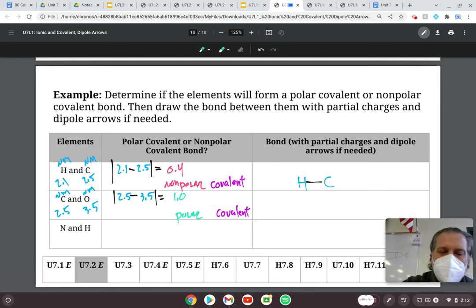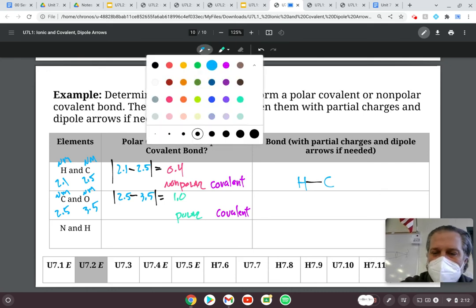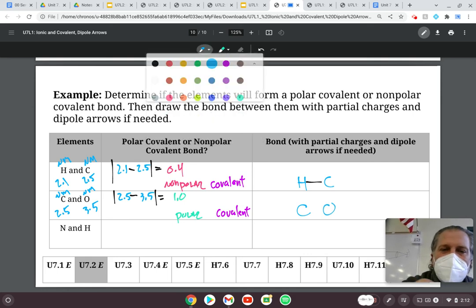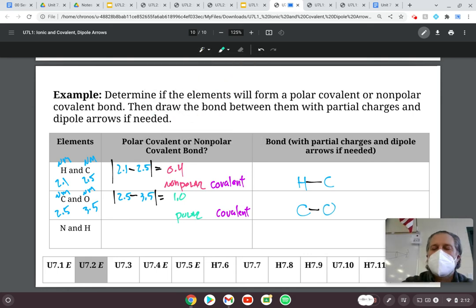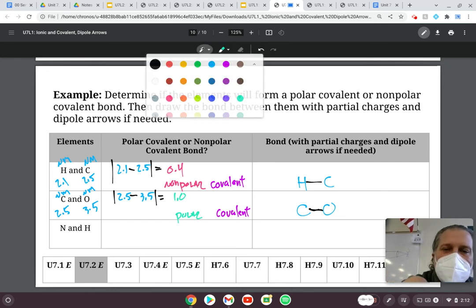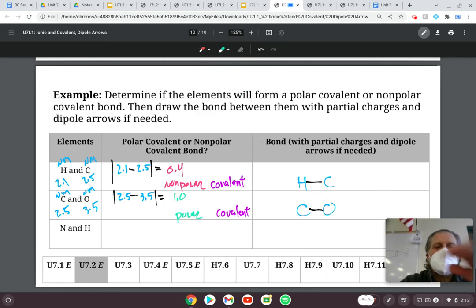So when I go to draw this bond, I'm going to take carbon and bond it to oxygen with a line that represents the electrons that are participating in that bond. Now, in this case, because it's polar, I have to tell the world where the electrons are being pulled toward. Because the more electronegative atom is oxygen, my dipole arrow is going to go like this.